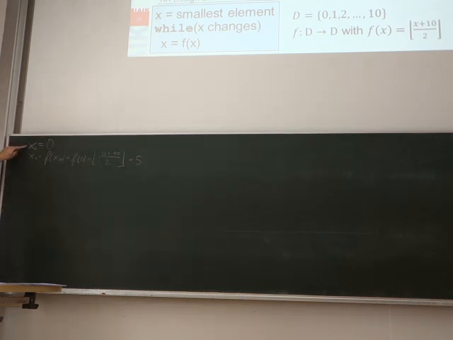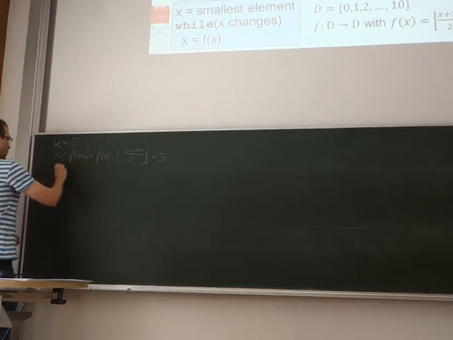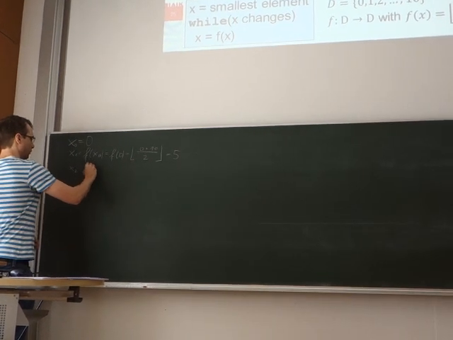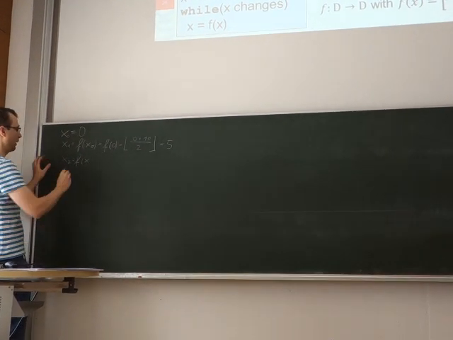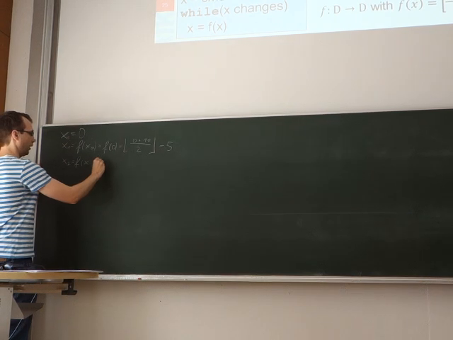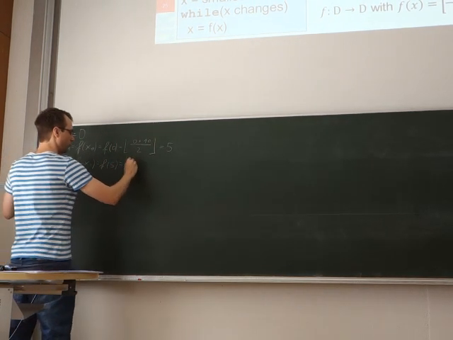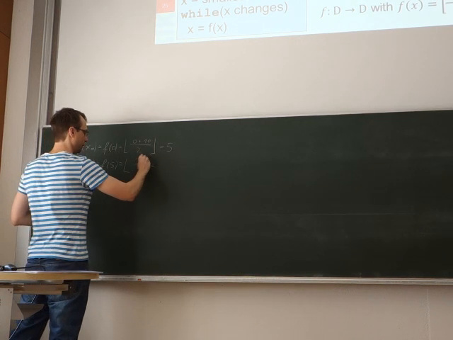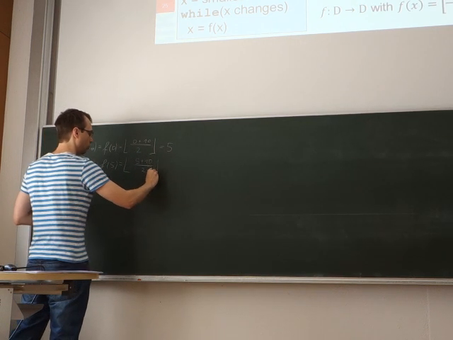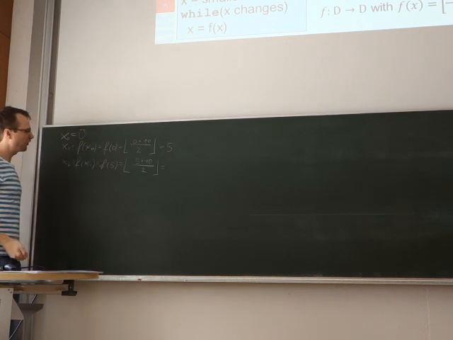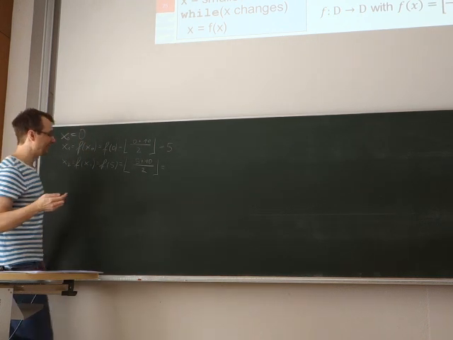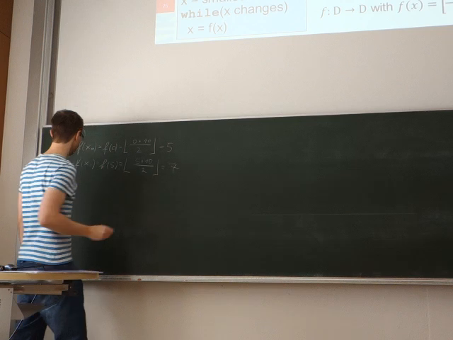Now we check whether x changed. x changed from 0 to 5, so we are not done yet. We have to continue. So the next value of x is computed again by applying f to the old value of x, which means we compute f of 5, which means we compute (5 plus 10) divided by 2, which is 15 divided by 2, roughly 7, right?